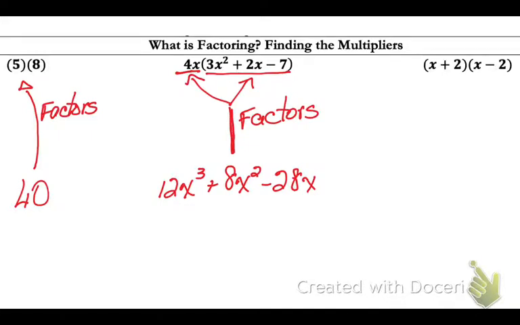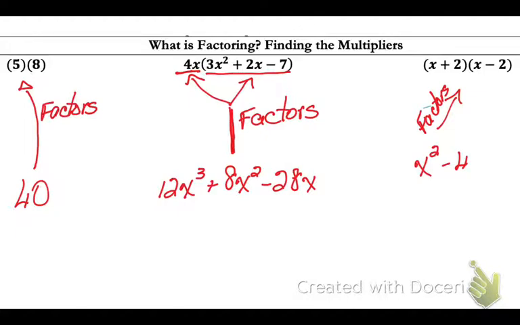They're the things that you multiply together to give you the polynomial. Same with these last two binomials, x plus 2 and x minus 2. If I multiplied those together, I would get x squared minus 4. That means those two binomials are factors of x squared minus 4.